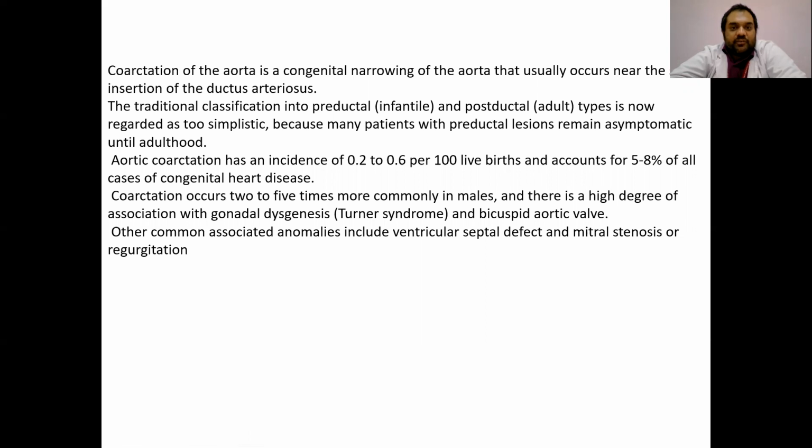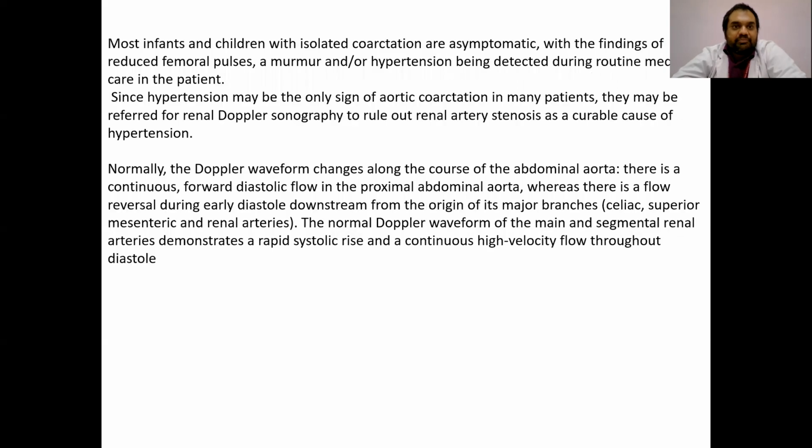Coarctation occurs 2 to 5 times more commonly in males, and there is a high degree of association with gonadal dysgenesis like Turner syndrome and bicuspid aortic valve. Other common associated anomalies include ventricular septal defect and mitral stenosis or regurgitation.